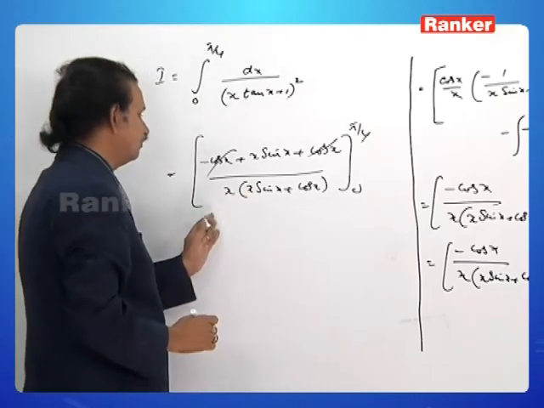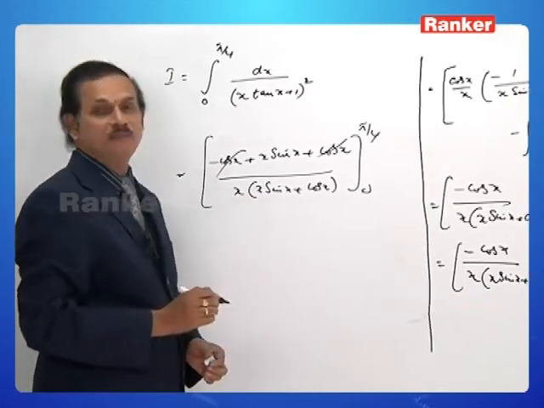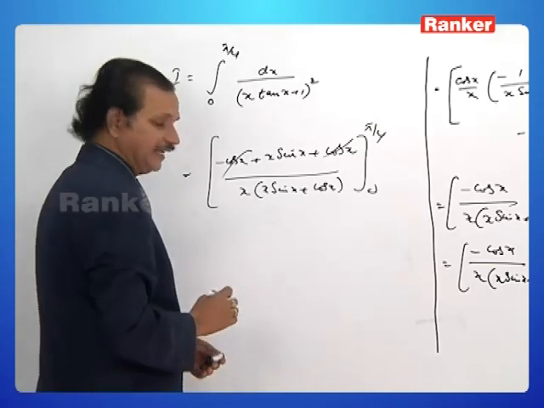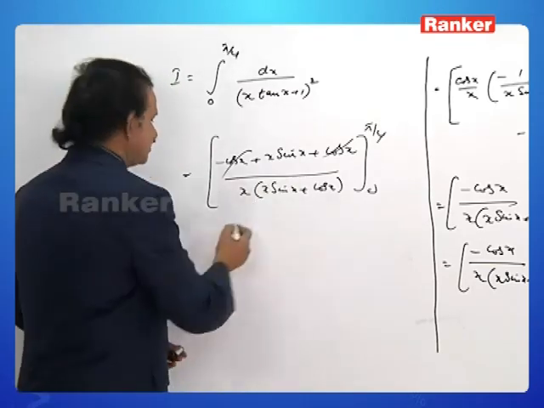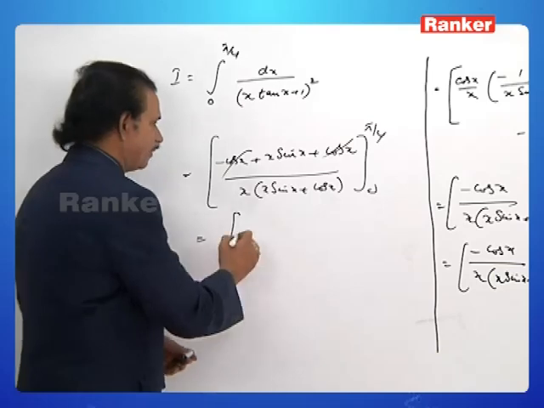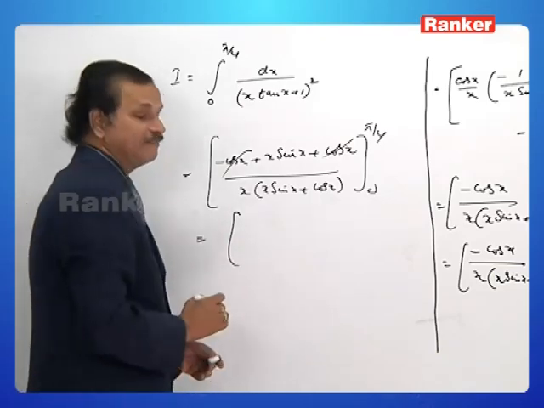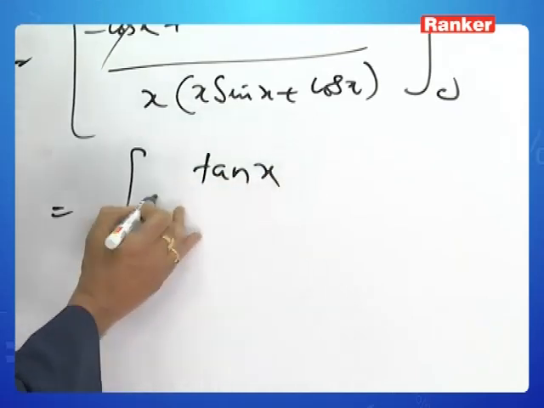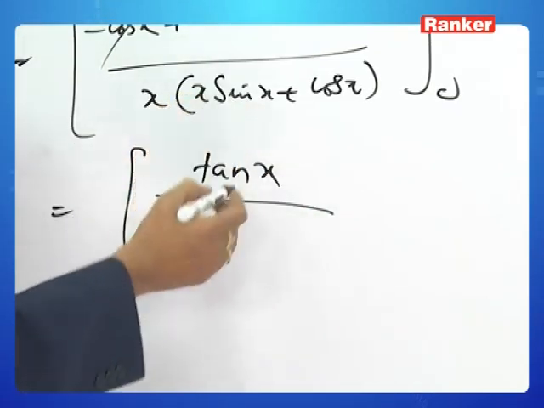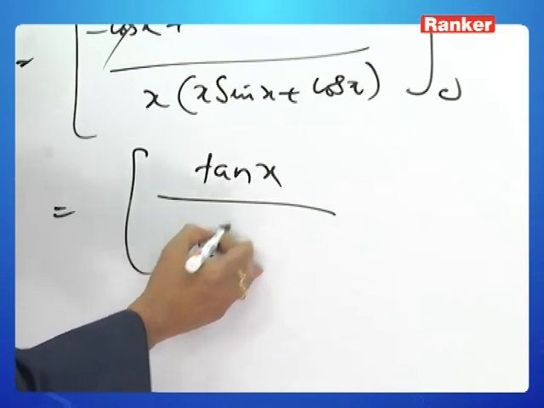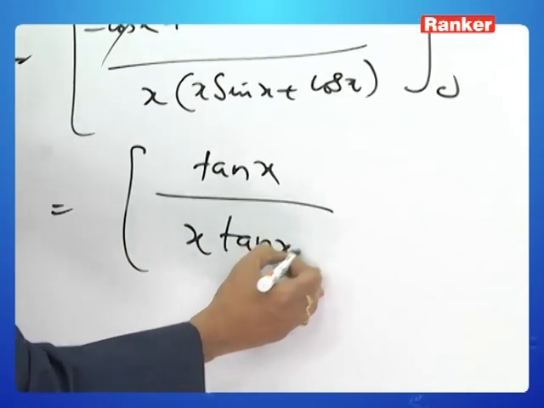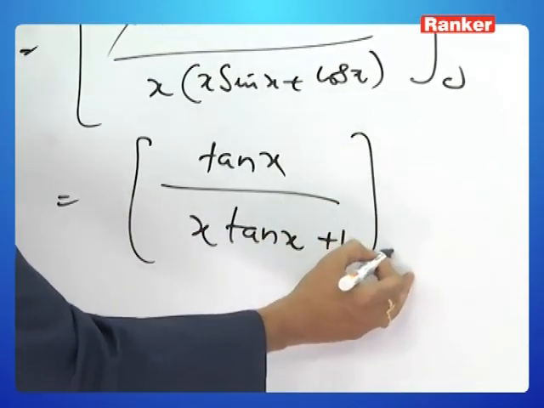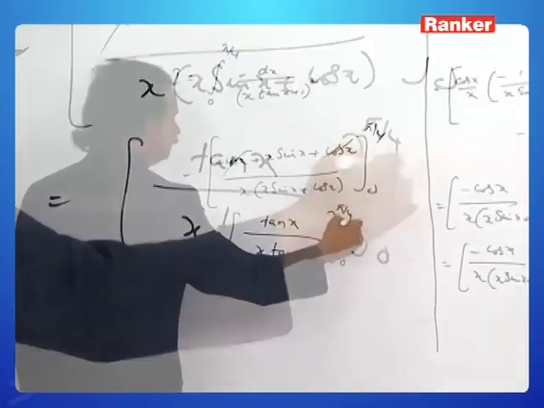So x sin x by x into x sin x plus cos x is remained. Again divide with x cos x on both numerator and denominator. What happens? I am dividing with x cos x. Denominator becomes tan x by x sin x by cos x is x tan x plus 1 between the limit 0 to pi by 4, isn't it?